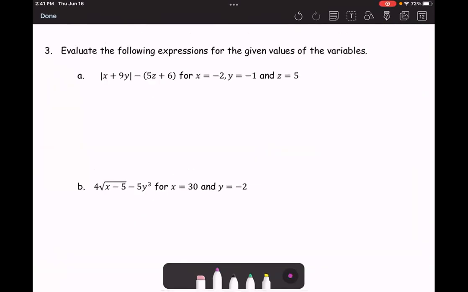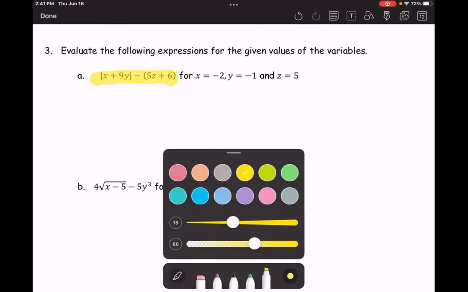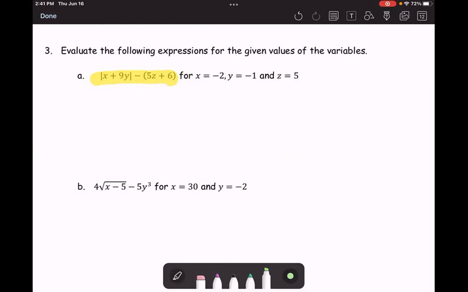For example 3, we are going to evaluate the following expressions for the given values of the variables. The expression is provided in terms of x, y, and z, given the values x equals -2, y equals -1, and z equals 5. So we're going to replace x with the value -2, y with the value -1, and z with the value 5.